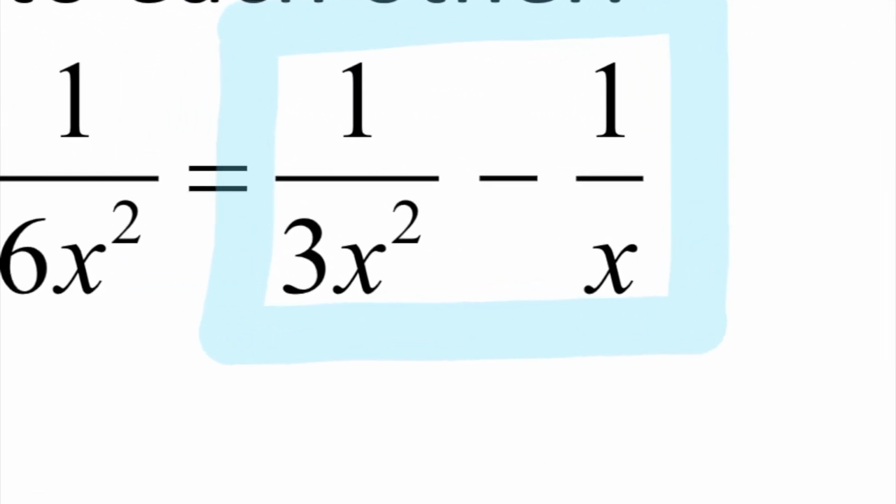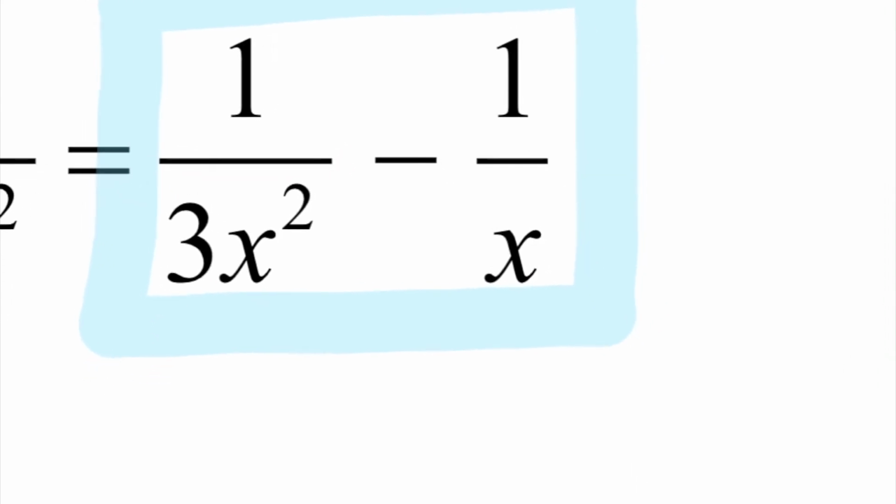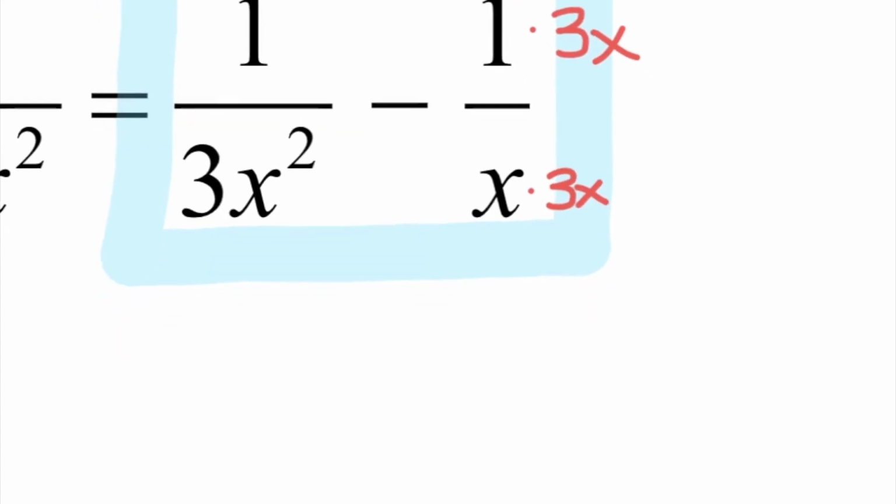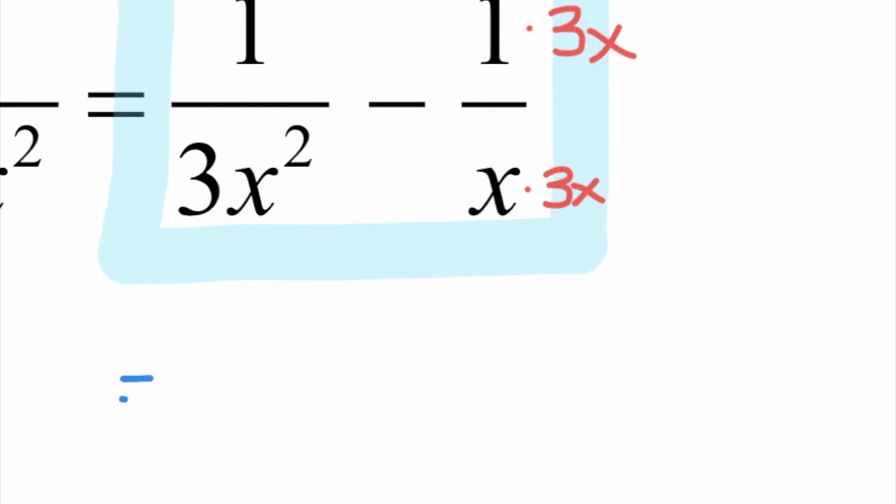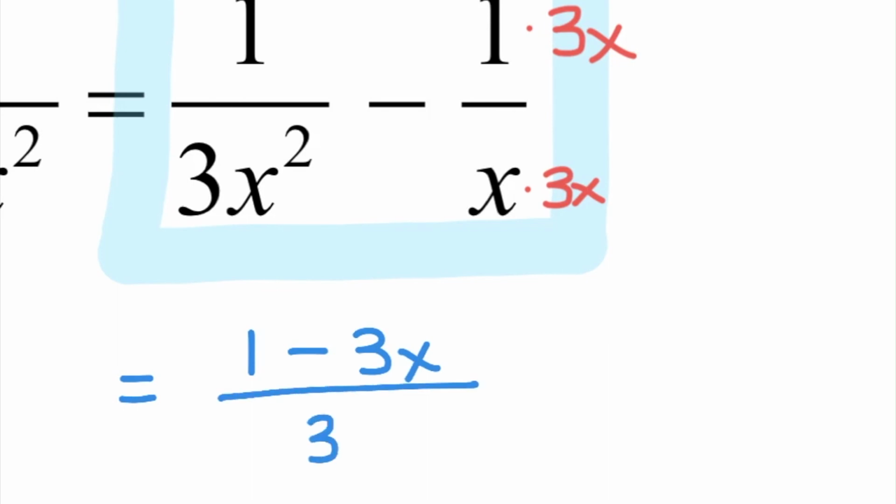Ignore the 1 over 6x squared for a minute. Just look at this subtraction problem and say, okay, I need to multiply this by 3x, and then it'll be 3x squared. 3 times x, 3x squared. And so I have to multiply by 3x in the numerator. And so that entire fraction becomes numerator 1 minus 3x all over 3x squared.